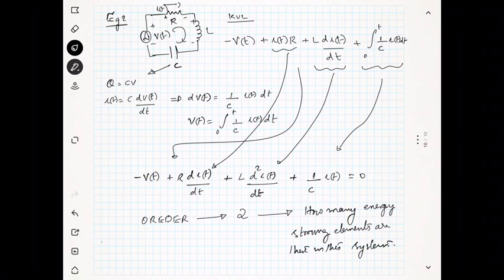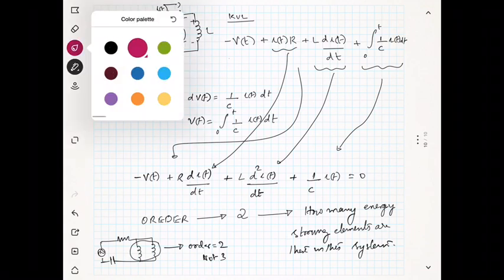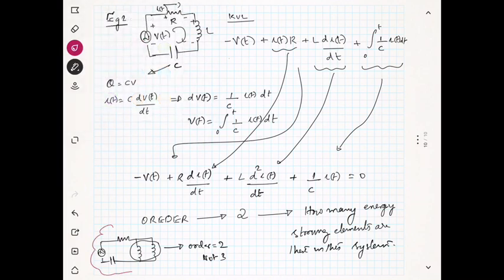For example, here there is a resistor, a capacitor, and two inductors, and this is V of t. In this system, the order is equal to 2, not 3. It is because these inductors are in parallel, so they will be considered as only one inductor. You should be very careful about this. Similarly for the capacitor also.